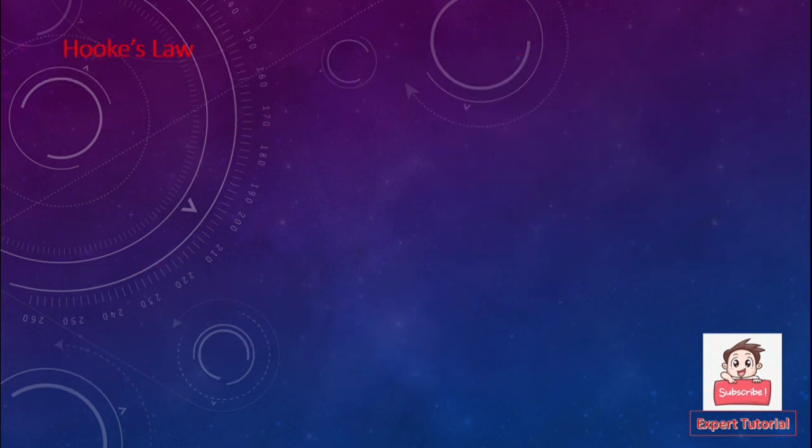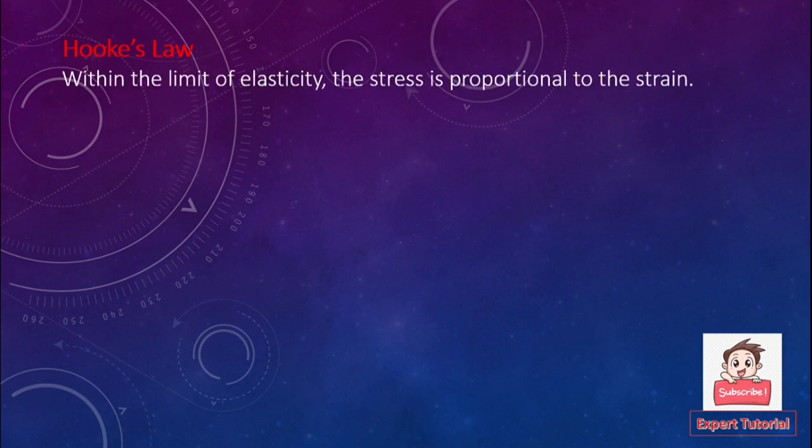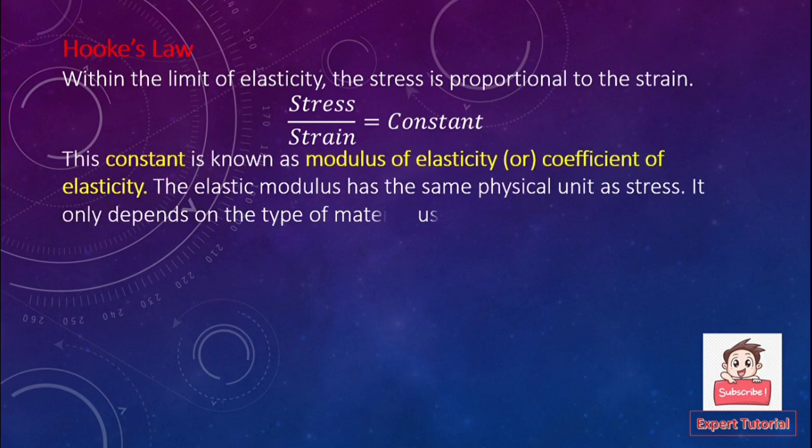Now coming to the Hooke's law, very vital. So Hooke's law states basically that within the elastic limit the stress is proportional to the strain, so you can write that stress by strain equals a constant. But within the limit, this is very important. Suppose you are trying to elongate, or you are trying to pull a rod, what will happen, it will be elongated.